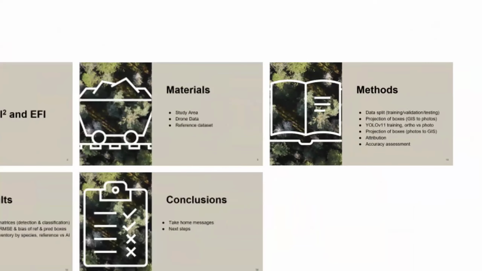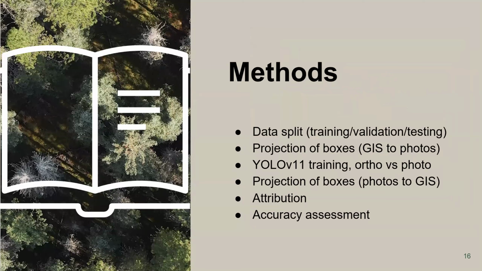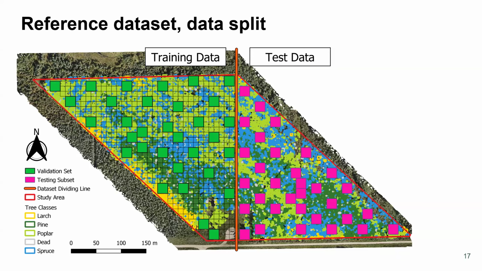So let's go now to the methods that we follow to train the AI model, create the tree census, and assess its accuracy. So this is the data split. As I said before, we divided the AOI into portions, training and testing. Within the training area, we have these green squares that are reserved for validation.